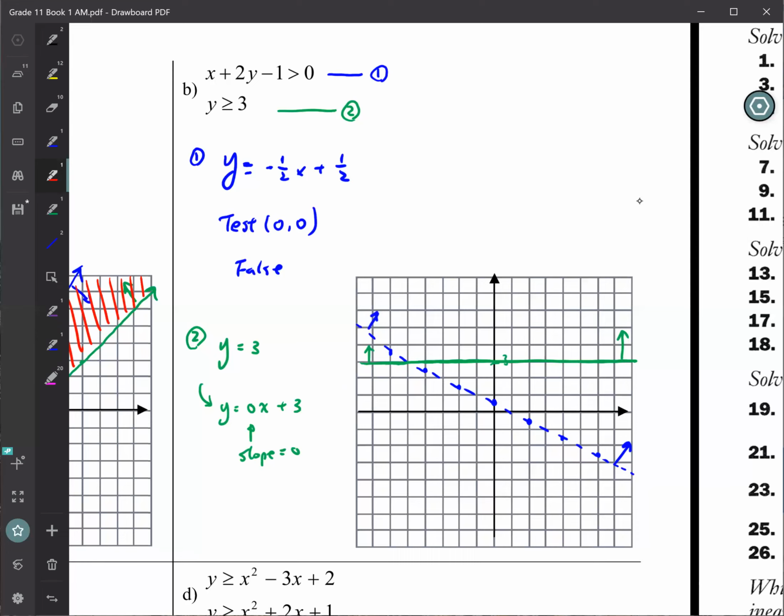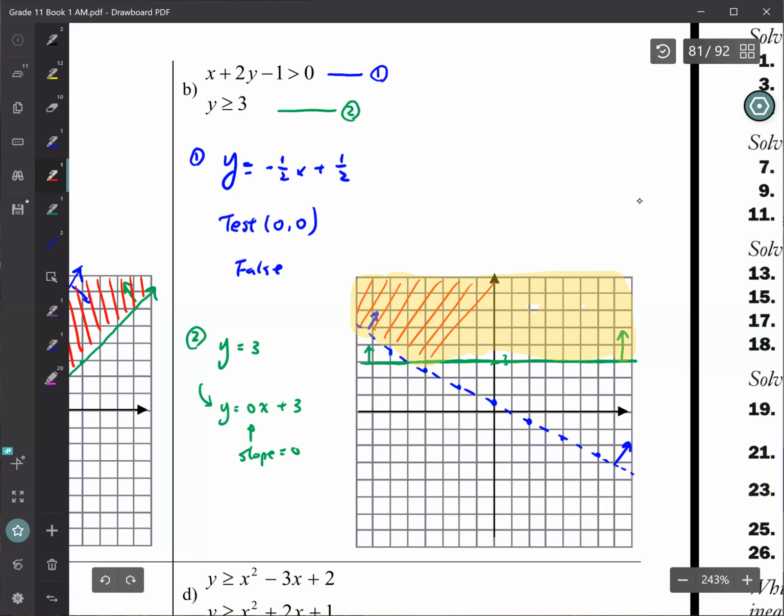Show the shading again. Okay, so the little triangle part, you don't include it, because the little triangle part is only for green. The blue does not cover the triangle part. So the shading is only here, where the blue and green are both covered.